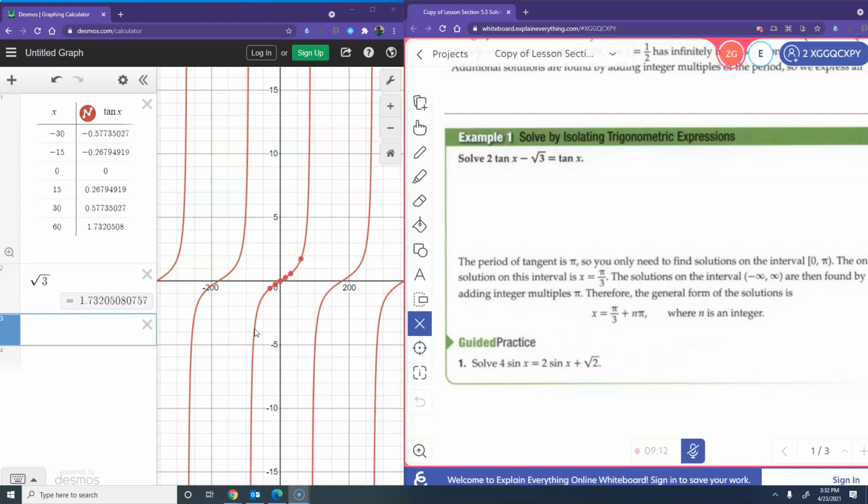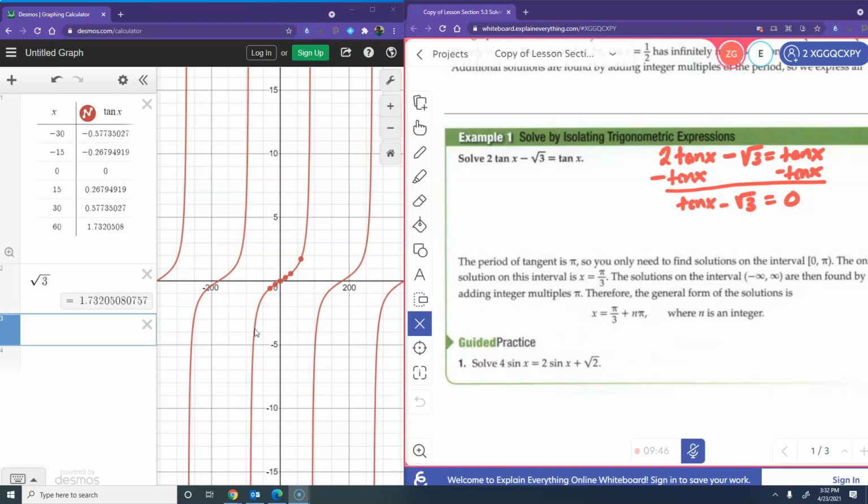So I'm going to solve this example with you here. I have 2 tangent of x minus the square root of 3 equals tangent of x. You're going to use basic algebra properties. Subtract tangent of x from both sides, and we have tangent of x minus the square root of 3 equals 0.